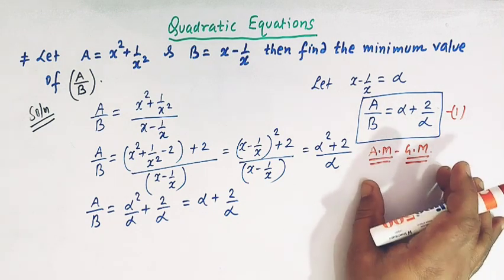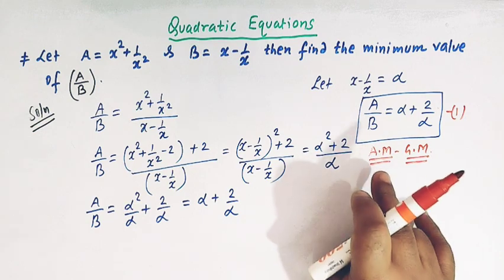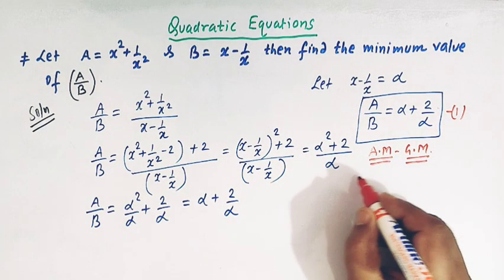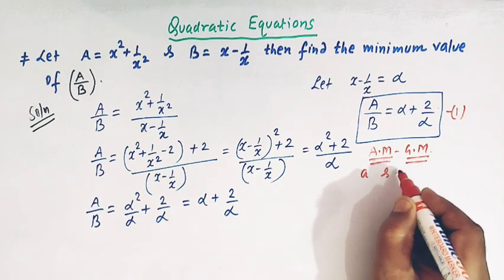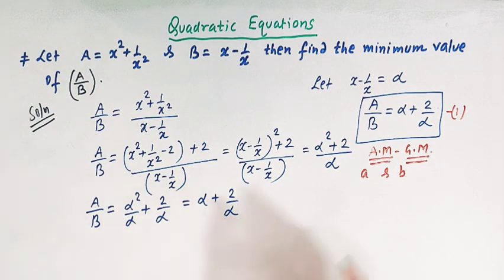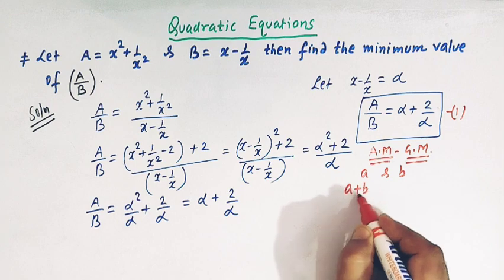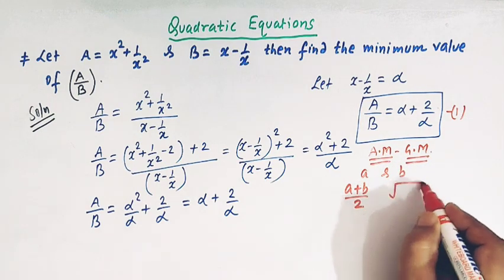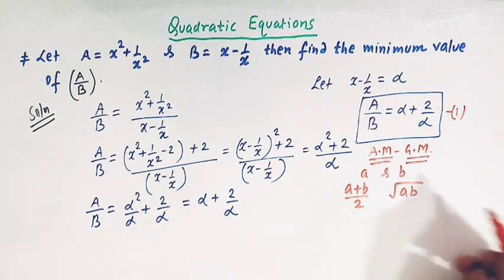Now let us first quickly see the arithmetic mean and geometric mean inequality. Suppose we have two quantities a and b, then the arithmetic mean is given by a plus b over 2, and the geometric mean is given by the square root of the product of a and b.